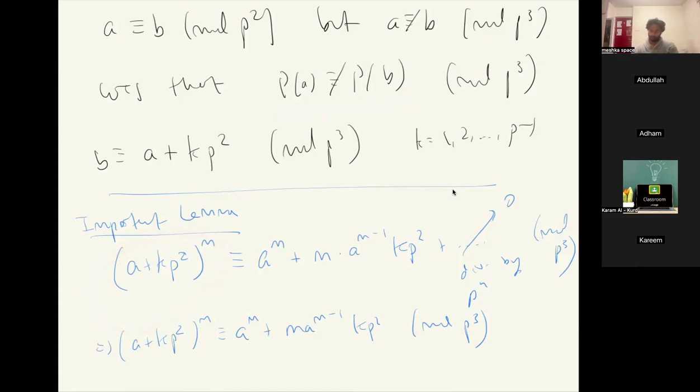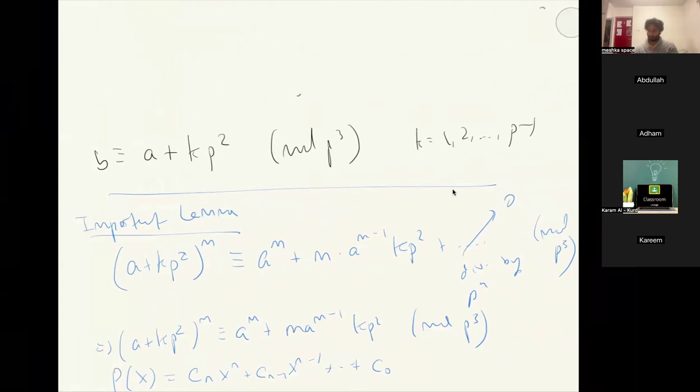So let's write P as Cn x to the n plus Cn minus 1 x to the n minus 1 plus up to C0. We can erase this stuff here.